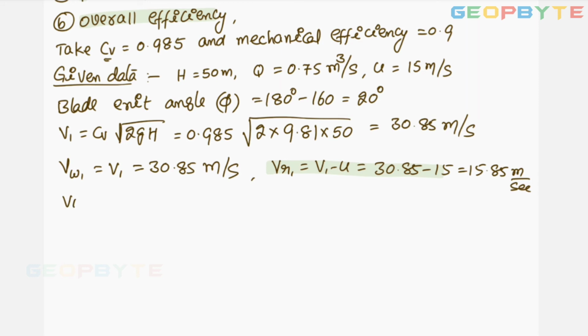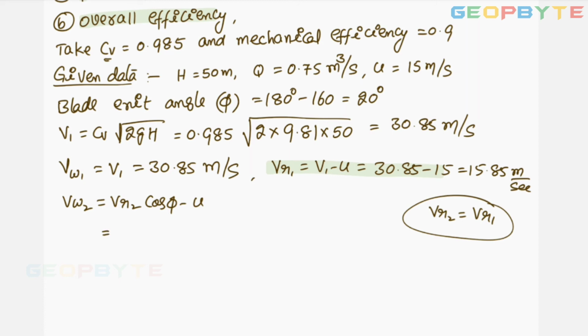VW2 equal to VR2 cos phi minus U. Here VR2 equal to VR1 because the friction factor is not given.